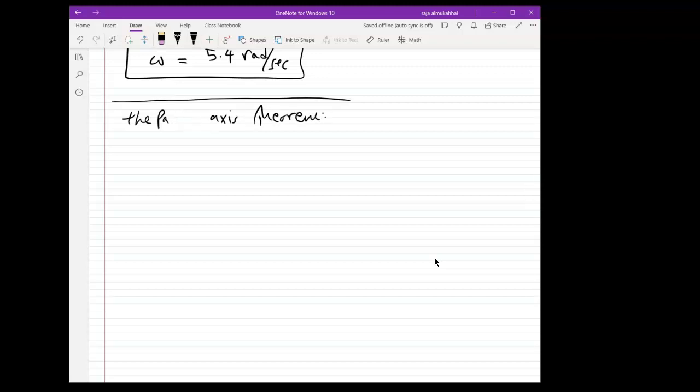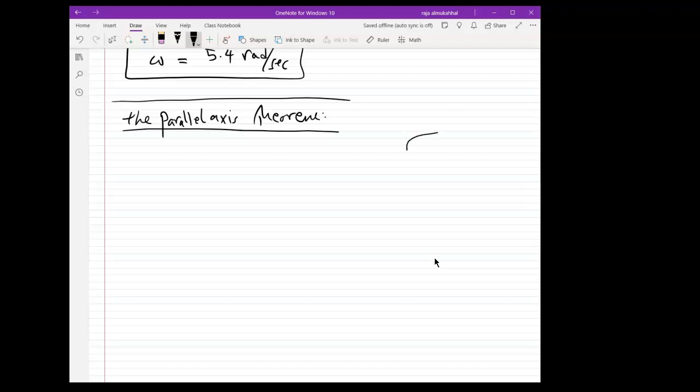This is a very, very useful theorem, especially in the field of engineering. What it says is the following. Suppose I have a cylinder. I'm going to explain it to you through a simple example.